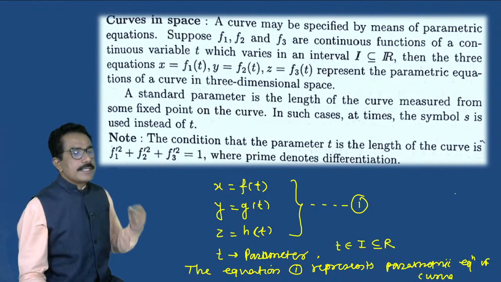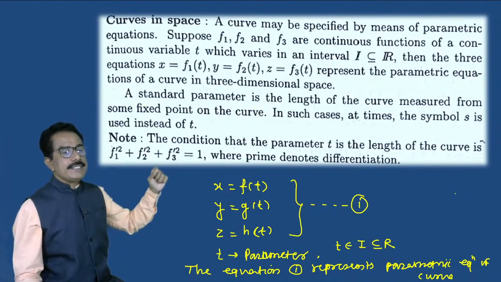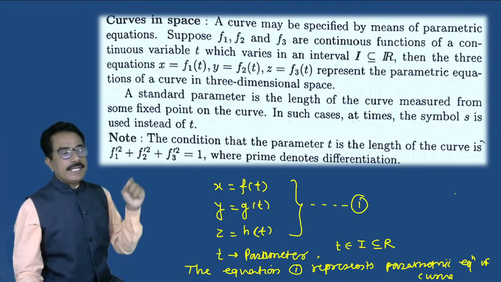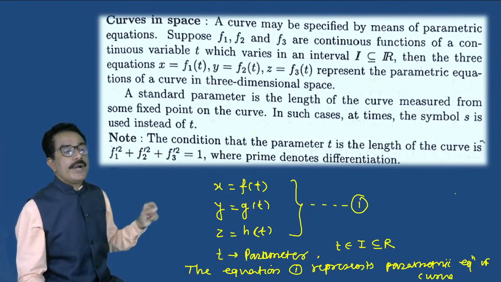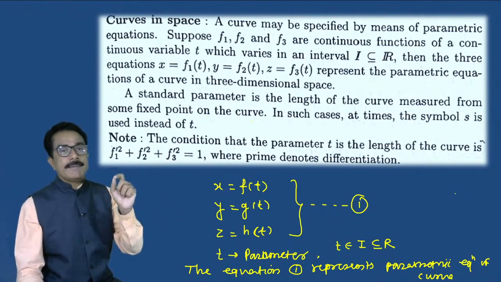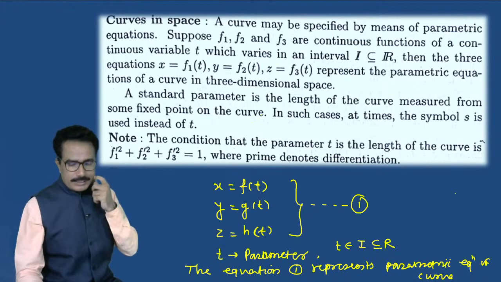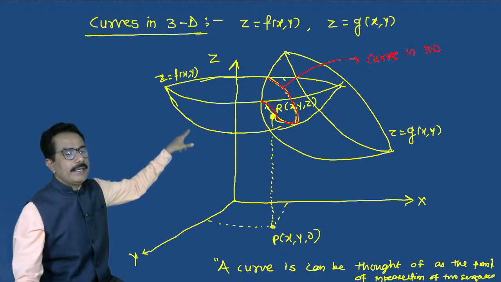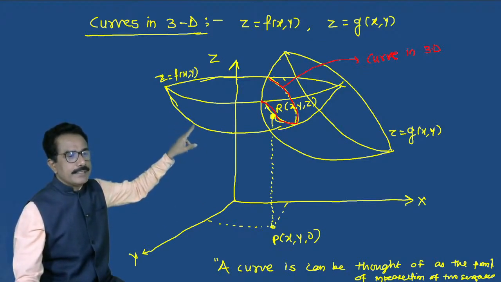Now a standard parameter is the length of a curve measured from a fixed point on the curve. If we consider a fixed point on the curve, suppose that point is R, a point having coordinates x, y, z.